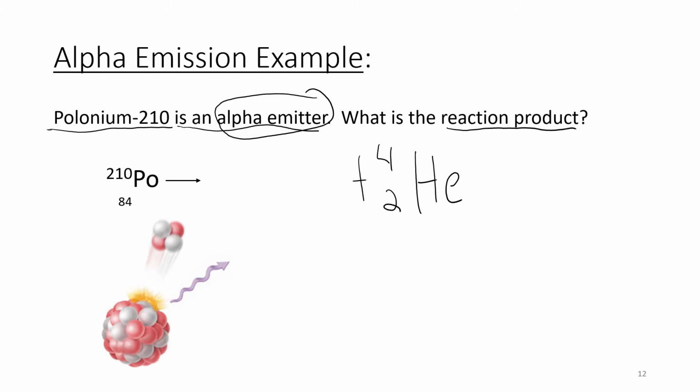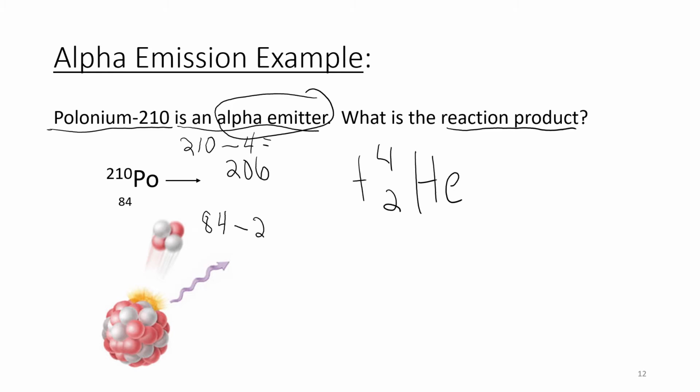And then we determine the mass number of our new product. It's always going to be 4 less than the original reactant. So it's 210 minus 4 to determine our new mass number, which will be 206. And then the atomic number, which will tell us the identity of our product, is going to be the original atomic number minus 2.